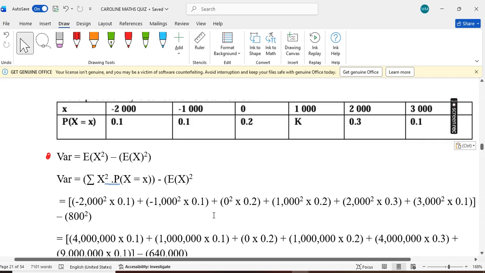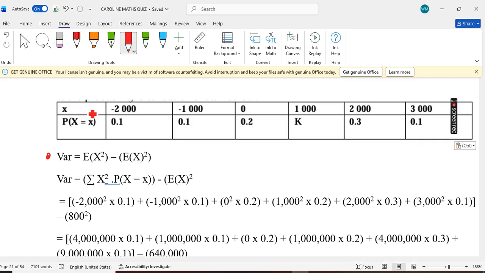So what the formula is saying, remember X here, these are the profits. Each profit, you square it. So you're going to say negative 2,000 squared multiplied by 0.1.